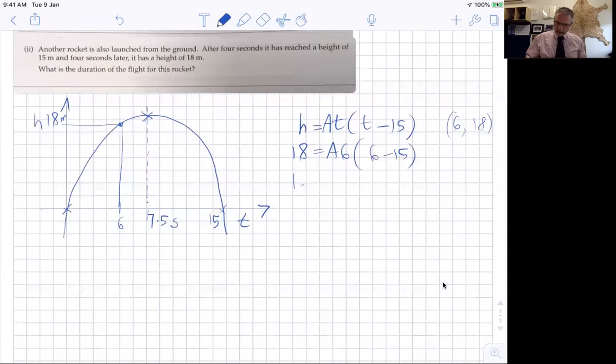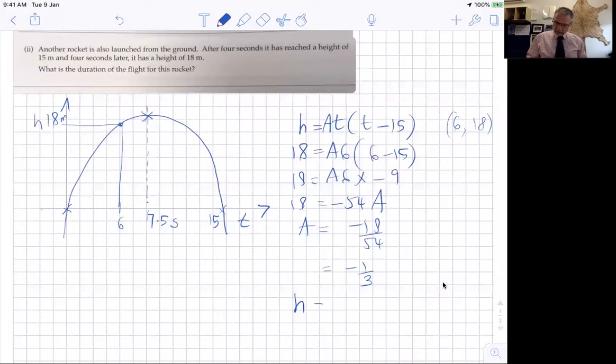So 18 equals A times 6 times negative 9, which is negative 54, so 18 is equal to negative 54A, and therefore A is equal to negative 18 over 54, which is negative 1/3.